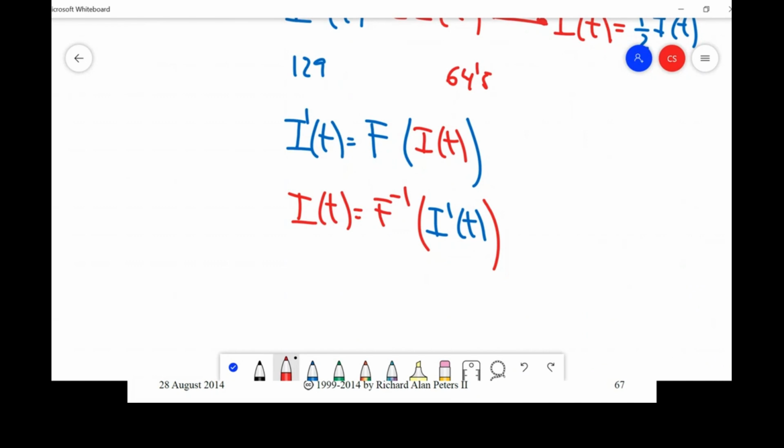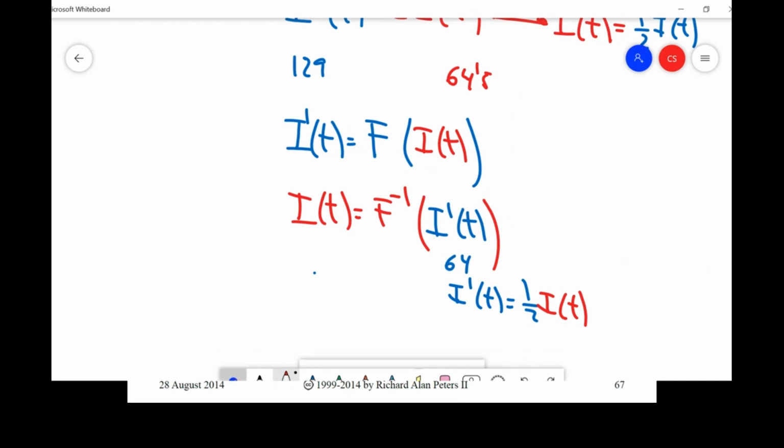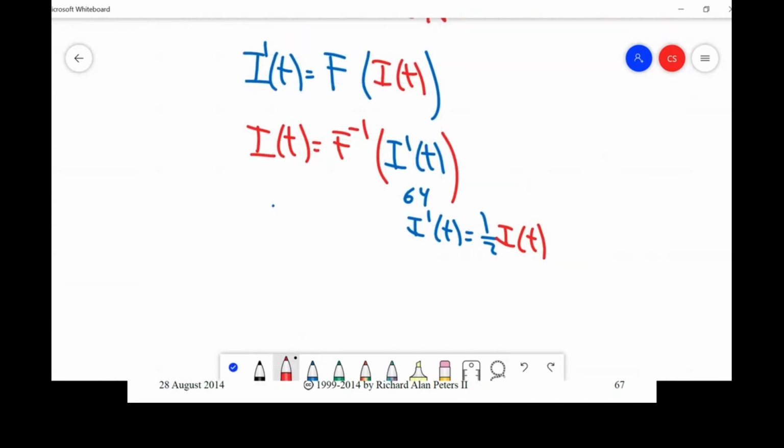But let's say I have here the value 64, and my transformation is I prime equals 1/2 of I. So if my new image is 1/2 of I of t, and I see 64, I don't know what the original image was.